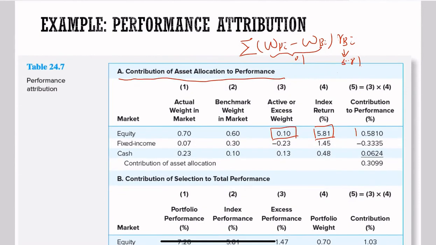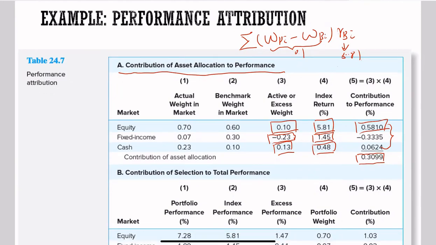So this gives us this number. And then we have three different asset classes: equity, fixed income, and cash. So we'll do the same for fixed income: active weight, or the difference in portfolio weights, times index return. Again, for cash, the difference times the index return. And then we will sum up these three numbers. So this gives us 0.3099.